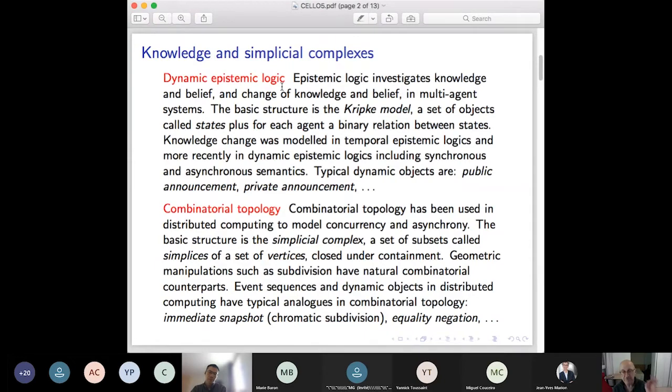So we have a set of vertices and a set of subsets called simplices of that set of vertices closed under the subset relation, under containment, and then you can start doing all kinds of geometric manipulations, including in some purely combinatorial way, and that models quite a number of dynamic phenomena in distributed computing, equality negation, immediate snapshot, and so on.